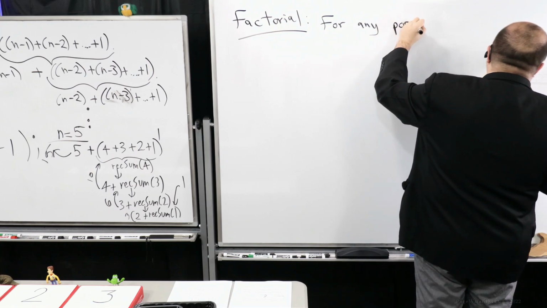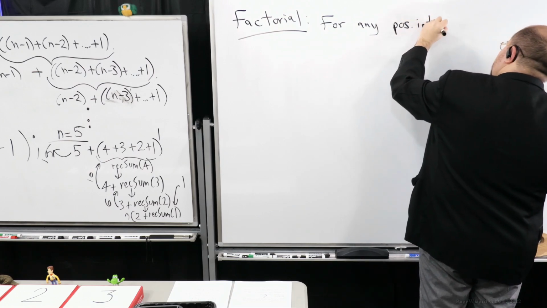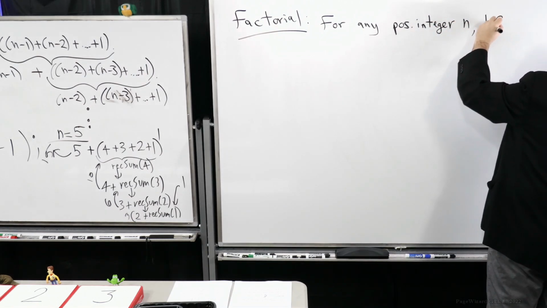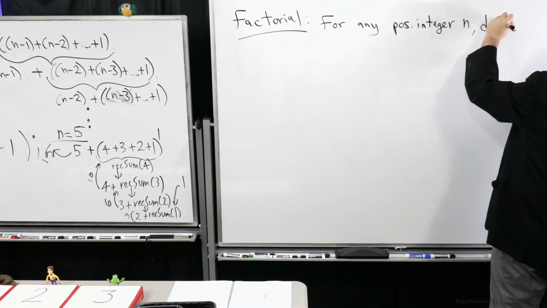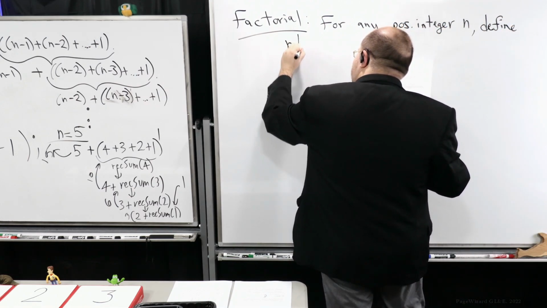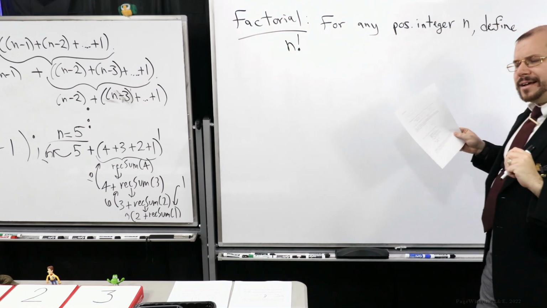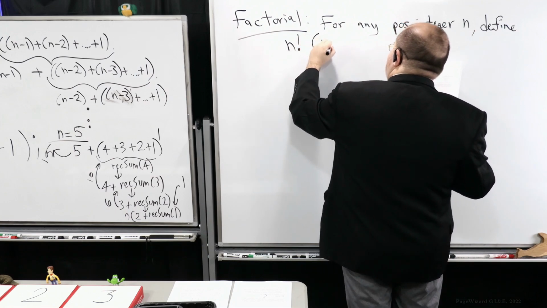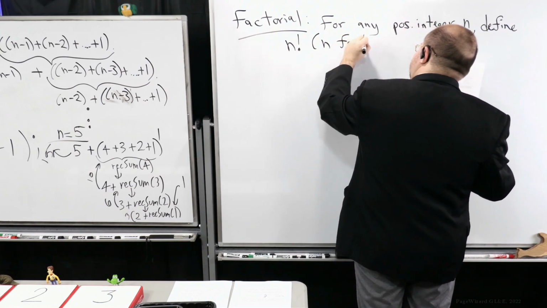For any positive integer n, we're going to define n factorial. So we usually use this exclamation mark to indicate that. So this is n factorial. That's how you would read this.